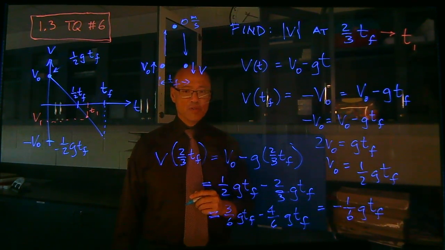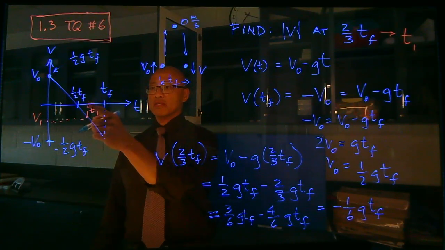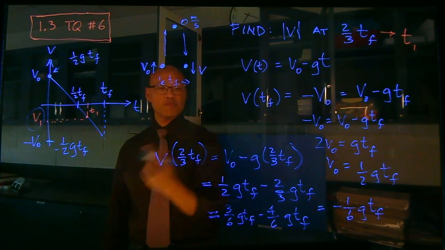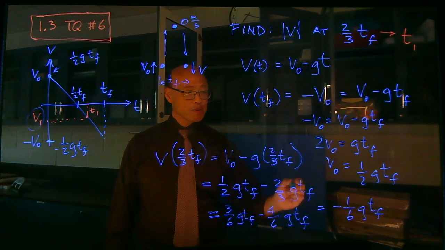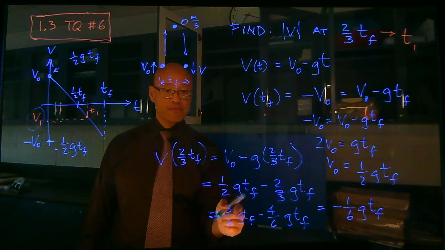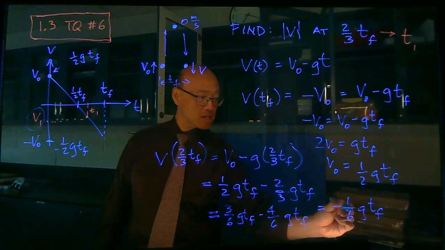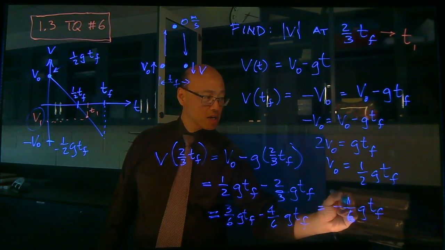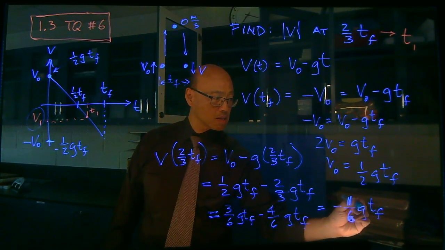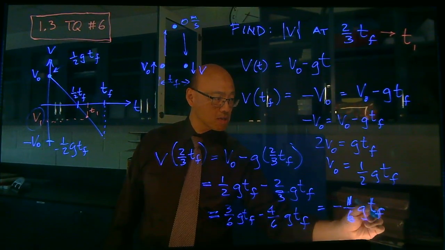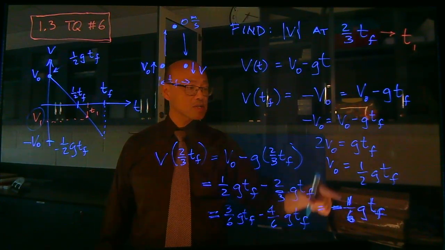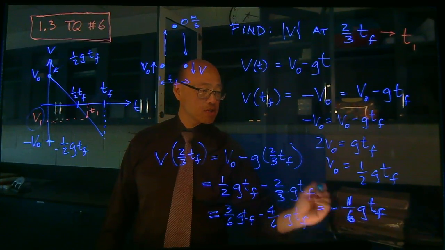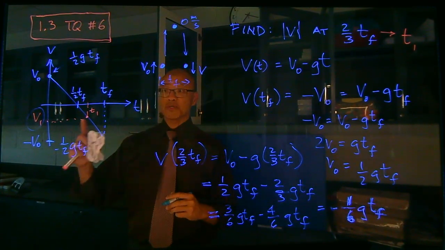Okay, so that's my actual velocity. That's this value right here. I should have put V1. I told you I wasn't sure if I was going to use those as actual subscripts. But now I have my final velocity as negative 1/6 gTF. I think they're asking for speed, maybe, or magnitude. Either way, this answer is actually correct, right? I have a negative velocity. So that's how you get the answer to number 6.